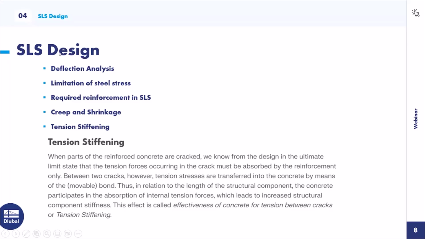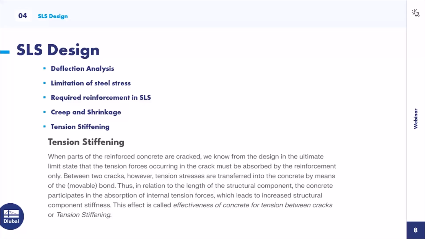Let's switch to the next chapter, the SLS design. We will look at the deflection analysis and the limitation of steel stress, and you will see we are independent of the ULS design, so we can analyze it and get required reinforcement only for SLS results.